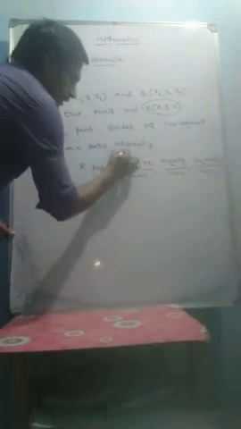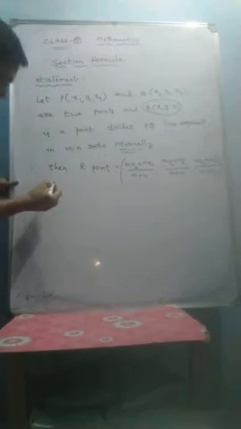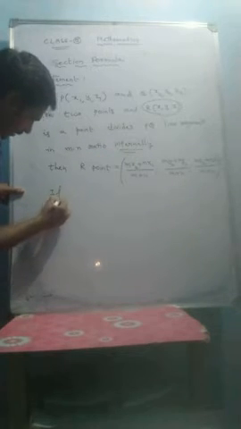This is the internal case. Suppose it is external, that means the PQ line segment is divided in the ratio M is to N externally.